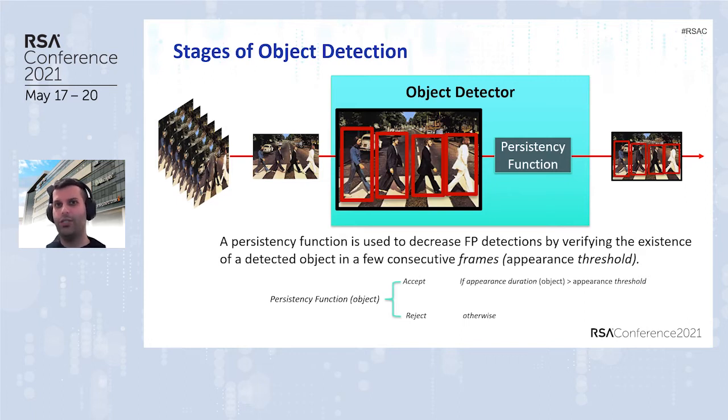Given a detected object, it verifies whether its duration is greater than a predefined appearance duration. If its duration is greater than the predefined appearance duration, then the persistency function accepts the object and classifies it as a real object. Otherwise, the object is rejected and considered a false positive.